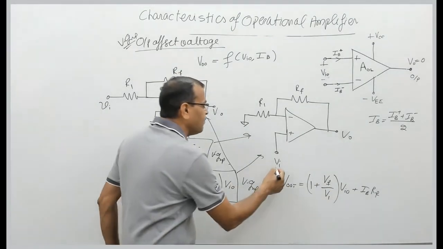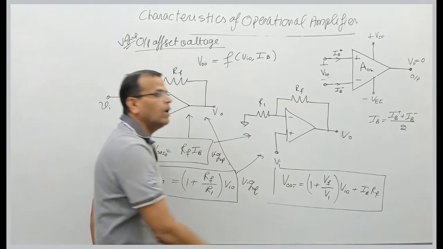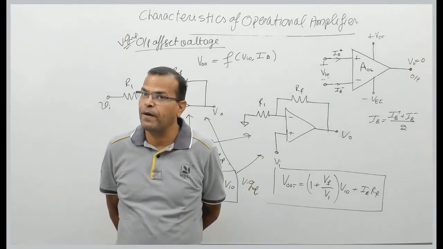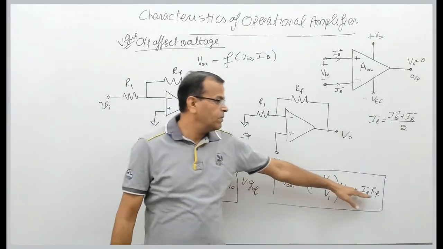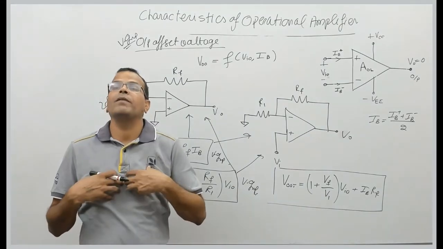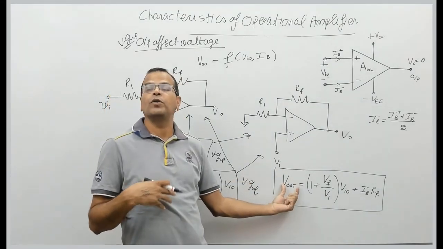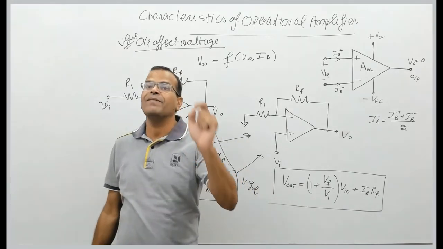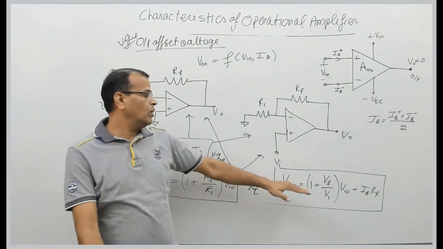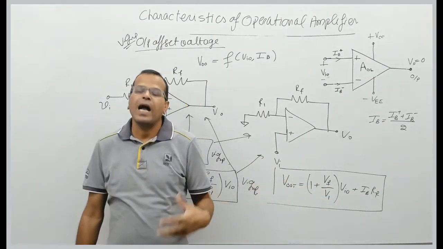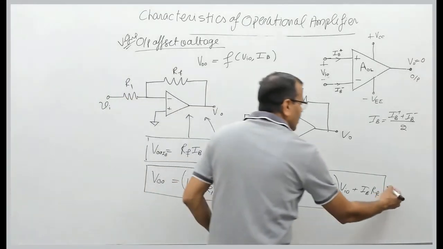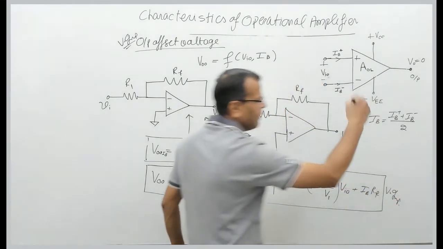I repeat, each may be positive or negative, but the maximum possible output offset voltage is obtained when both are additive in nature. So this is the algebraic sum as far as the maximum output offset voltage is concerned. You should remember this. This is again very important for exams.